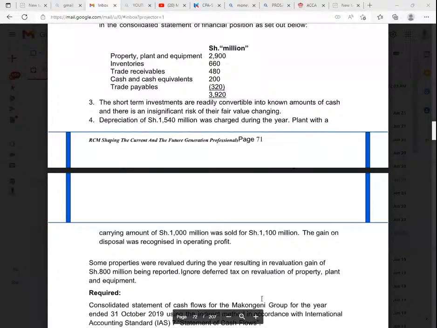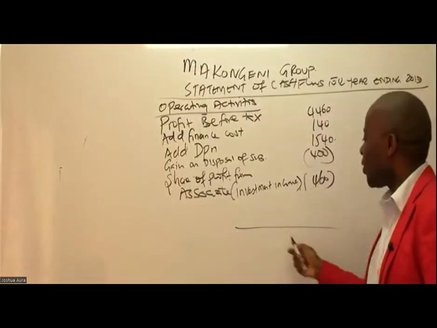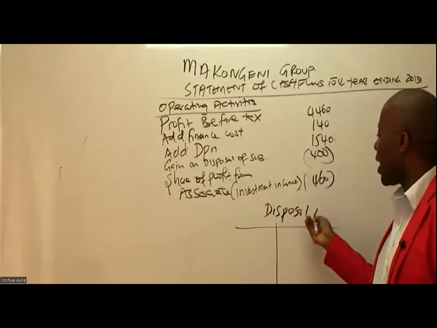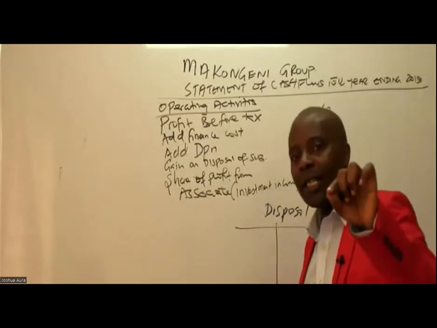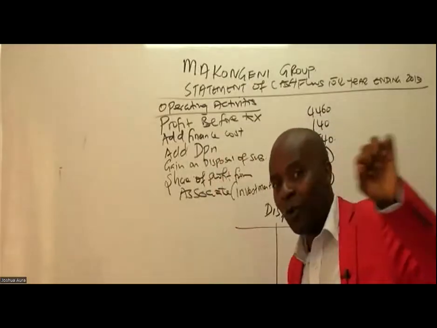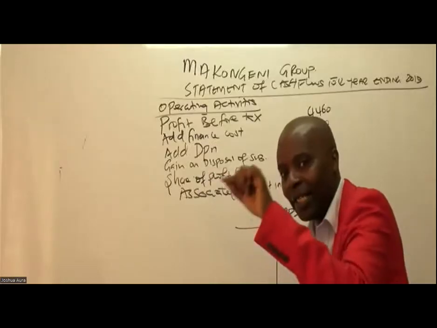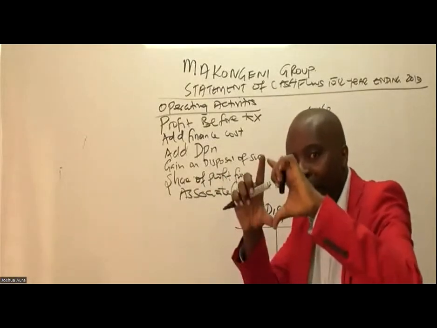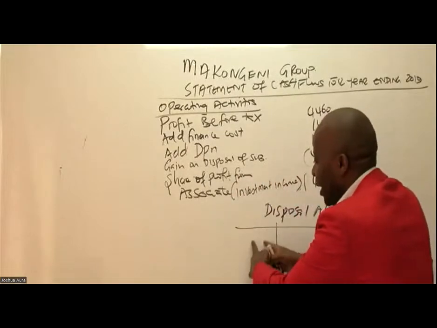Let me show you something here. I know most of you are used to T accounts. So if I was to draw a disposals account, whenever I dispose of an asset, I must remove that asset from the PPE by crediting the assets account. Then with that carrying value, the net book value of the disposed asset, I bring it to the disposals account debit.